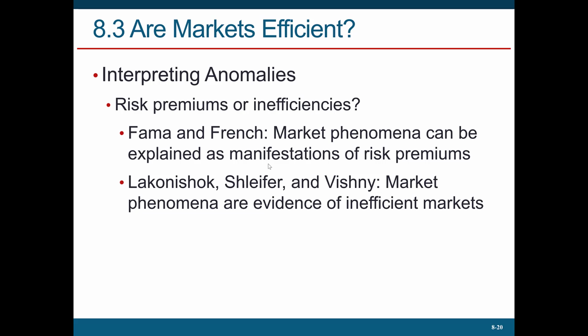Why? Because the argument is that perhaps there are some missing risk factors driving the superior performance of some of these return patterns. For example, somehow low growth firms are riskier than high growth firms, and therefore they have higher returns, or winners in momentum are riskier than losers in momentum, and therefore they perform better, and so on.